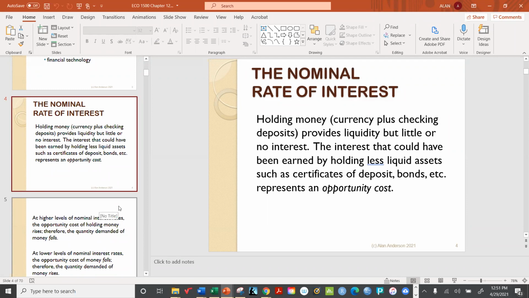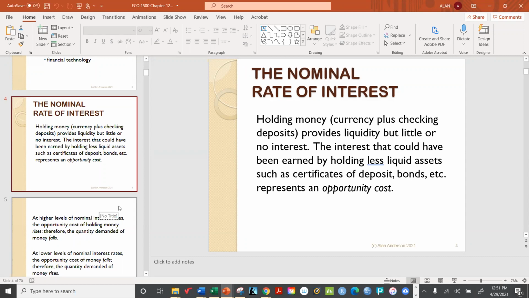Buy bonds, or buy a short-term money market index fund? Well, you might, because now all of a sudden the opportunity cost of holding money is 10% instead of 2%. So you're saying to yourself, do I really need to hold this much money? Why do I have such a big balance in my checking account when I could use some of that to buy bonds and earn 10%?